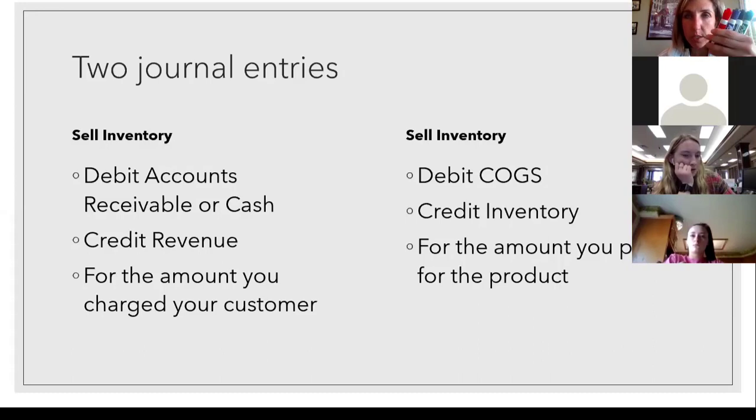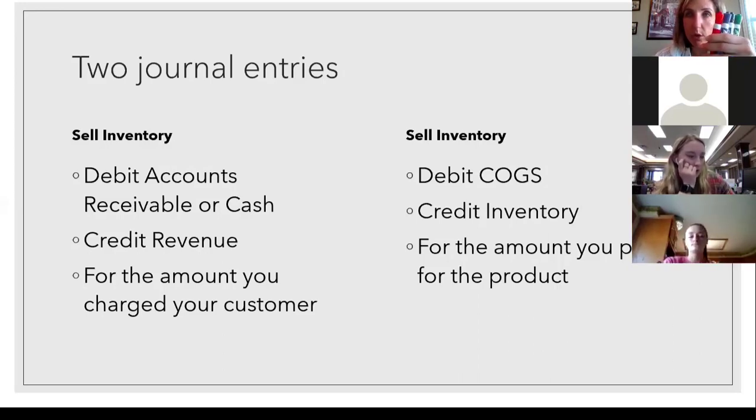So if I'm charging my customers $3 a piece on these markers, I would have $3 of revenue and $3 in accounts receivable or cash. And then I would also at the exact same time have to do another journal entry to debit cost of goods sold and credit inventory, but this should be for the lower amount.